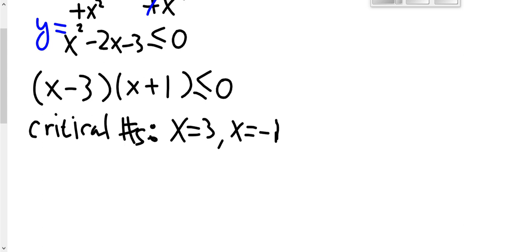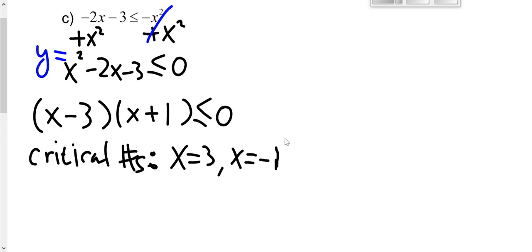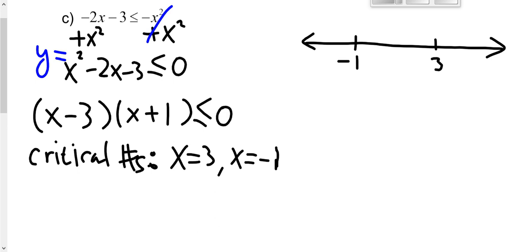Okay, so let's do a quick sketch to help us visualize what's going on. Again, you can cheat a little bit by using your graphing calculator. So the number line here, I know something would be happening around 3 and negative 1. Maybe the graph going from positive to negative or the other way around. We'll figure that out.